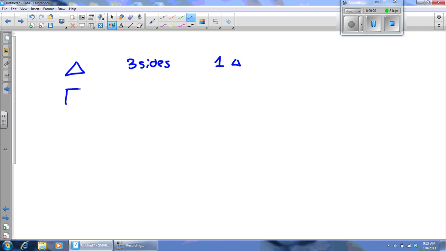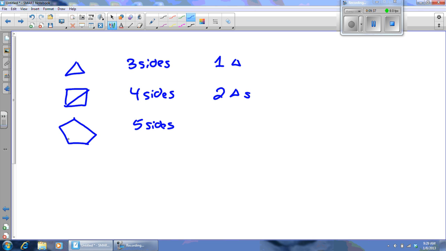When I have a quadrilateral, there's 4 sides, but when I divide it up, there's 2 triangles, right? Okay, when I have a pentagon, 5 sides, and there's 3 triangles. Do you notice something here?